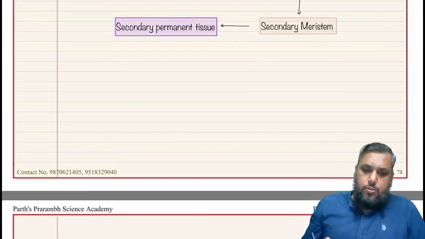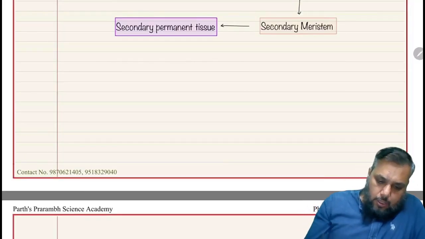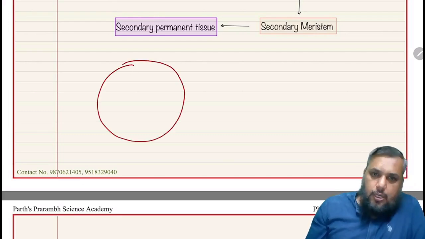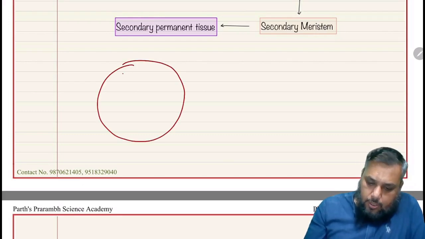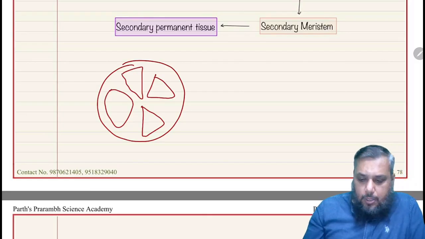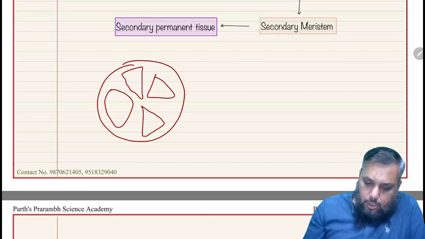So look, students, now there is a stem, which we cut in transverse section, and I see the presence of the vascular bundles. These vascular bundles include the tissues called xylem and phloem.